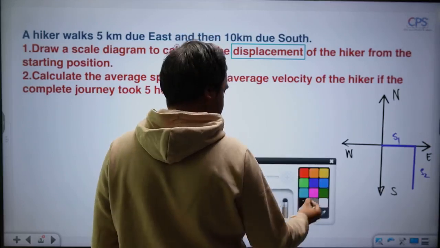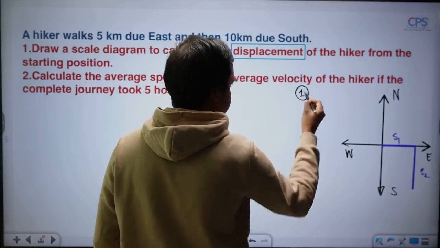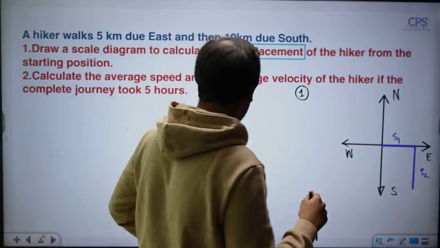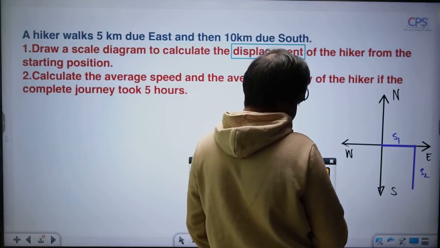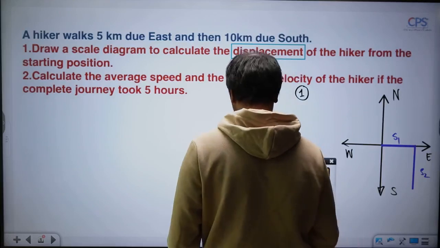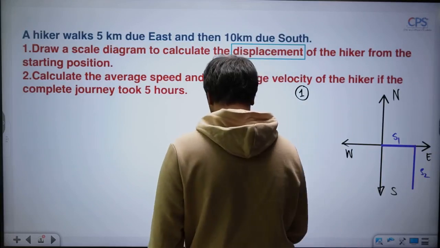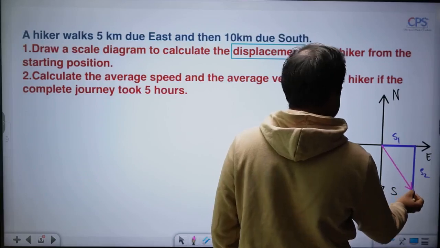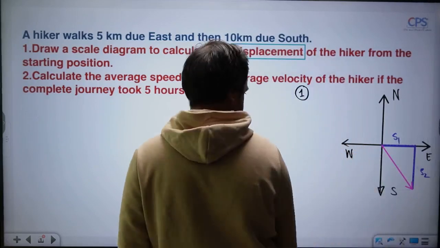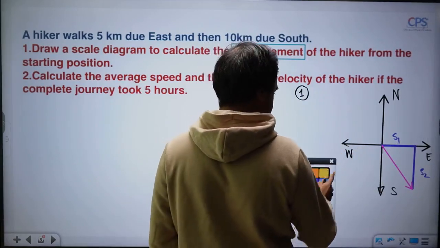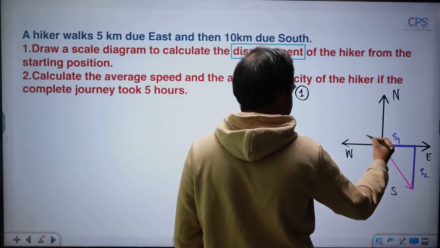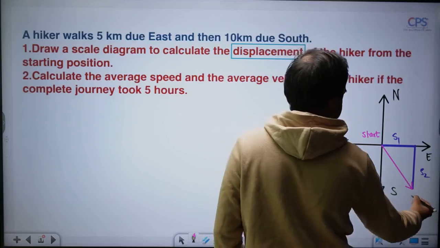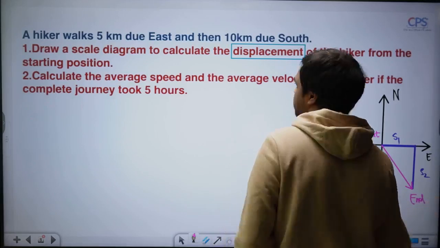Remember, displacement is a vector quantity and it represents a straight line from start to end, and that's the displacement, the pink line. So the start position is here, and the ending position is here.